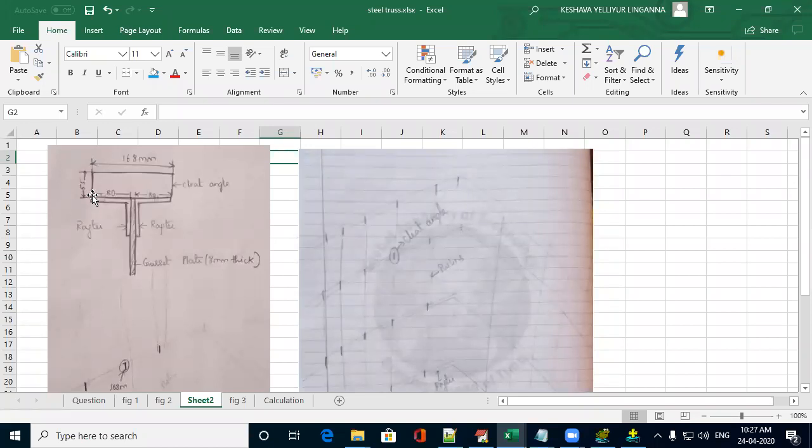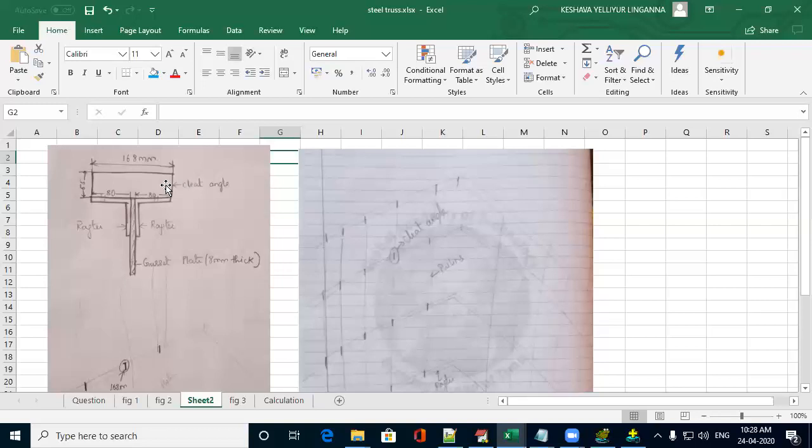See, this is how the joint will be. This is a rafter. Since the rafter is made of 2 ISA, this is one ISA and this is another ISA angle. These two are connected with the gusset plate in between them. Perpendicular to this rafter, the purlins will run.